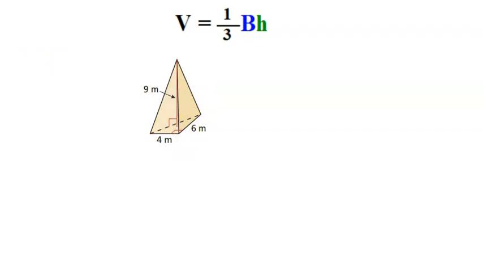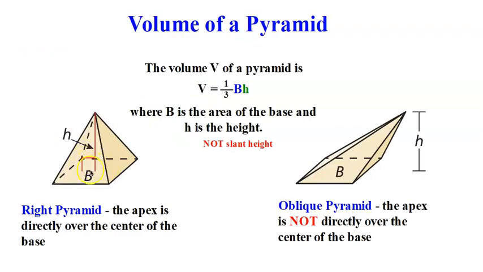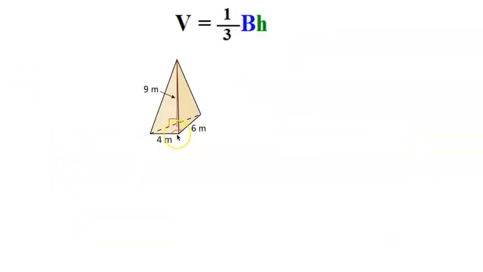If it wasn't a triangular pyramid, then the base is whichever one is not the triangle, because for a pyramid, all of the lateral faces have to be triangles. So this one here is a square pyramid. The one we have over here is a triangular pyramid. We could use any of the triangles to be the base, but since this one's a right triangle, that's going to be the easiest one to use, so let's use that.